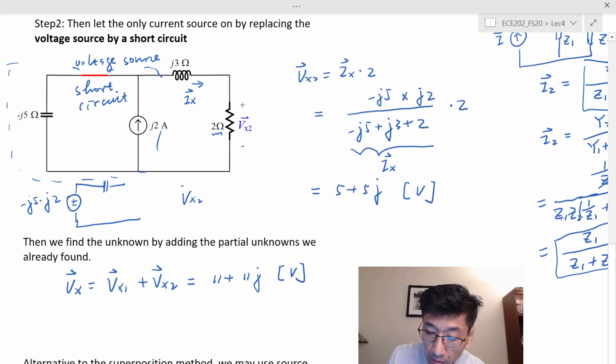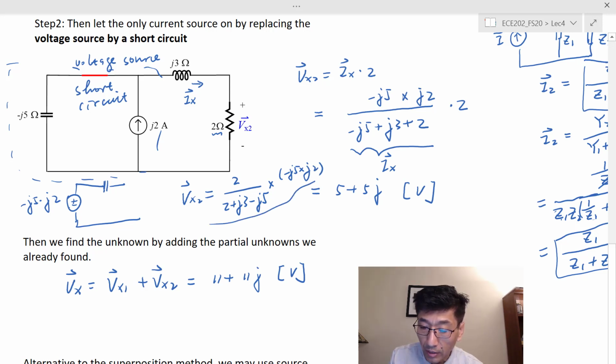So Vx2 would be equal to 2 over 2 plus j3 minus j5 times the total voltage, which is minus j5 times j2. If you examine this, this equation is exactly the same as we had here, right? I have 2 times this and 2 times here. So this is really a conceptual difference, but the result will definitely be identical.